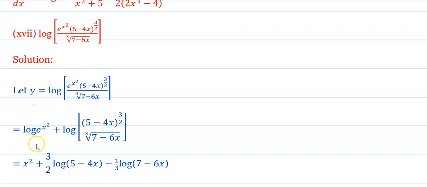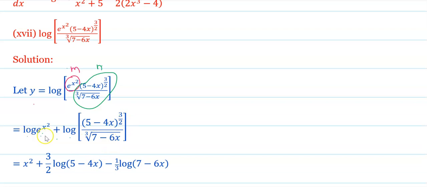Now first of all, the first term, e raised to x square, we will treat as m, and the next term, the one in green ink, all of this, is n. Means what? m into n. Then you will get log of e raised to x square first, plus log of 5 minus 4x raised to 3 by 2 upon cubic root of 7 minus 6x.